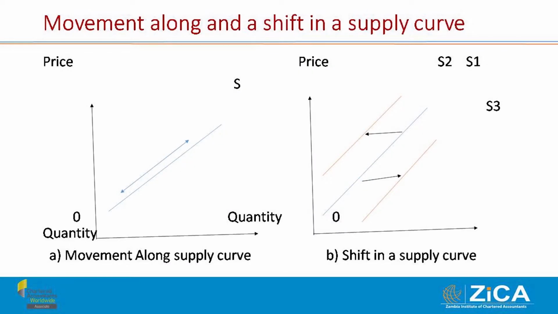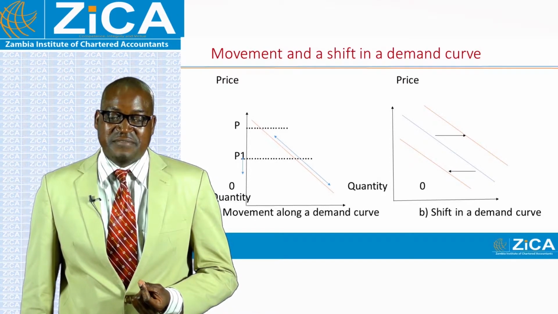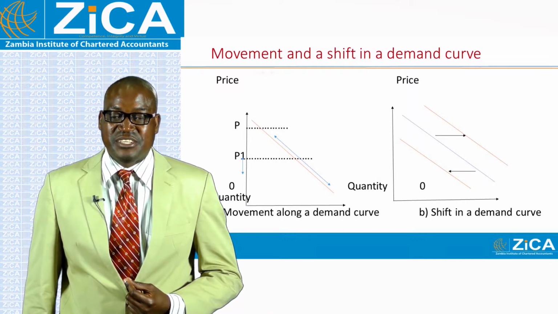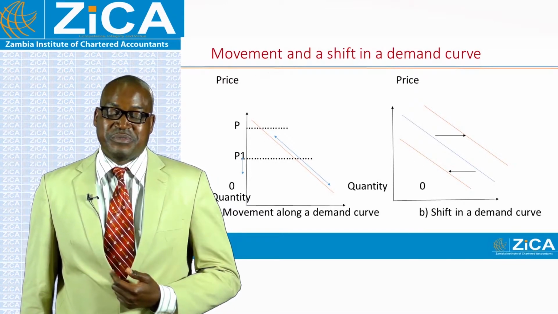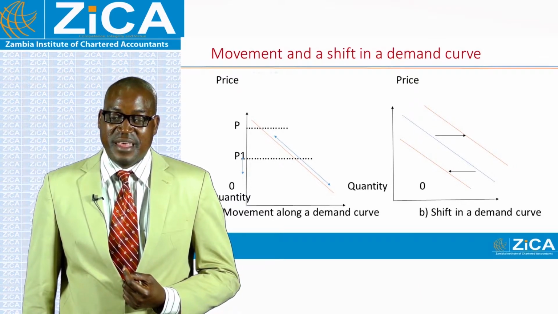We have an illustration of the movements, the shifts and the movement as well. The first graph shows the movement along a supply curve when the price of that particular good changes, and the second graph there tells us the shift in a supply curve, which could be to the left or to the right as the case might be.